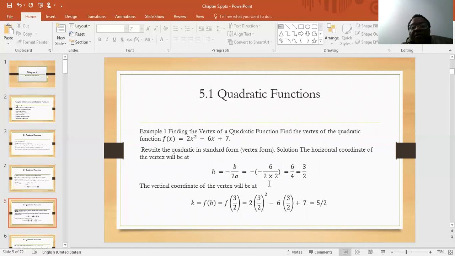Example, find the vertex of the quadratic function f of x equals 2x squared minus 6x plus 7. Using the formula, we have h equals minus b over 2a, which will be 6 over 4 equals 3 over 2. And the image of 3 over 2 by f is 2 times 3 over 2 squared minus 6 times 3 over 2 plus 7, which equals 5 over 2.